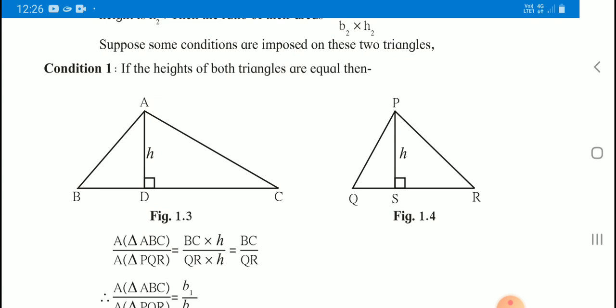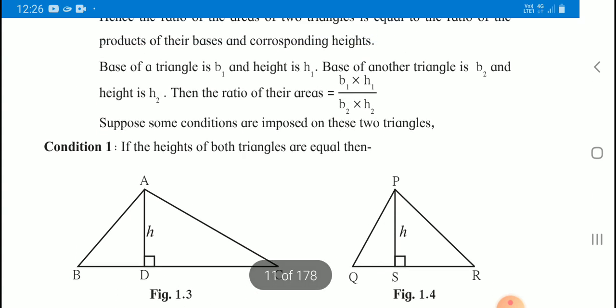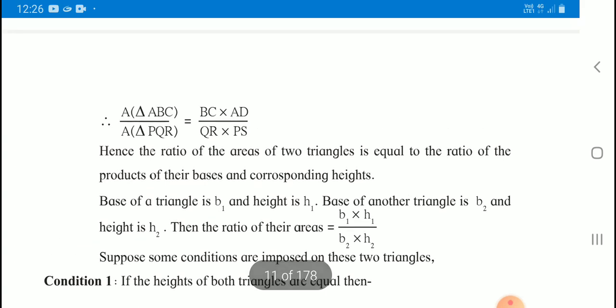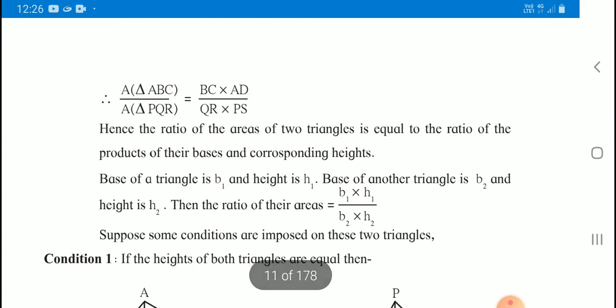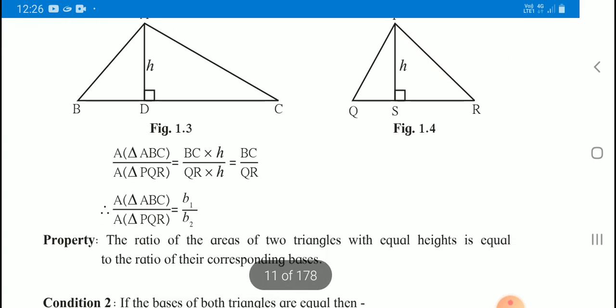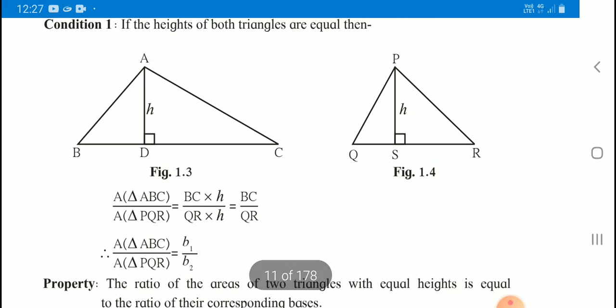AD is the height of triangle ABC and PS is the height of triangle PQR. According to our formula of ratio of areas of two triangles, we will write area of triangle ABC upon area of triangle PQR is equal to BC multiplied by AD upon QR multiplied by PS.